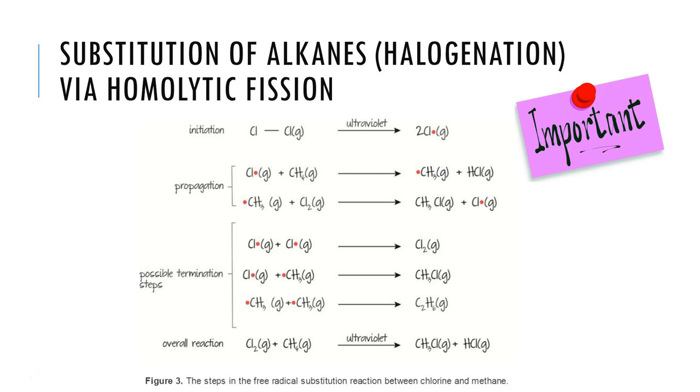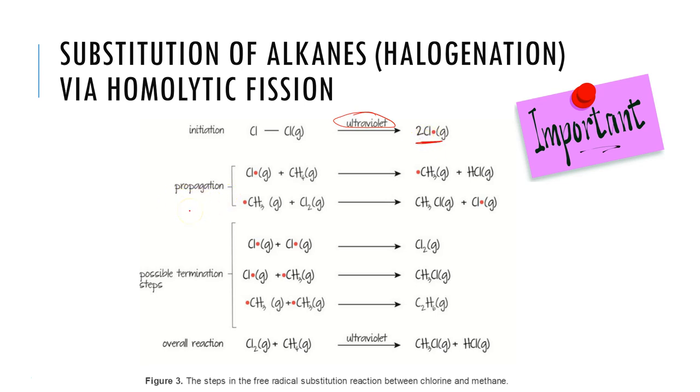This is something that, I'm sorry, you're just going to have to memorize. So you should all create a study sheet or a flashcard, or however you go about memorizing things, for each step of the homolytic fission reaction. You need an initiation step, which will always be in the presence of ultraviolet light and give 2 radicals.